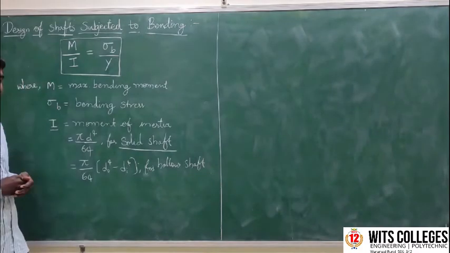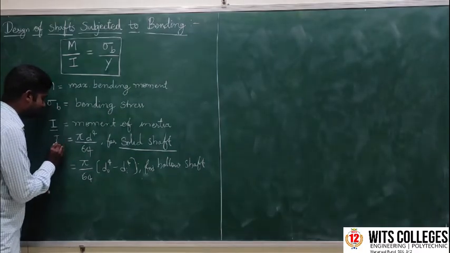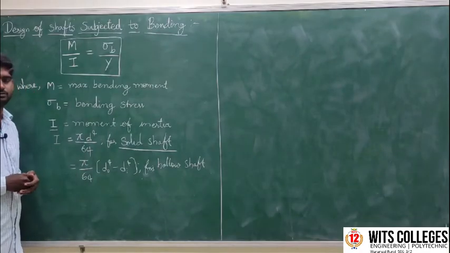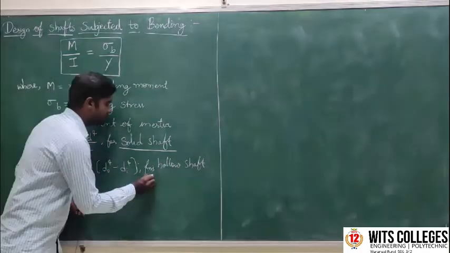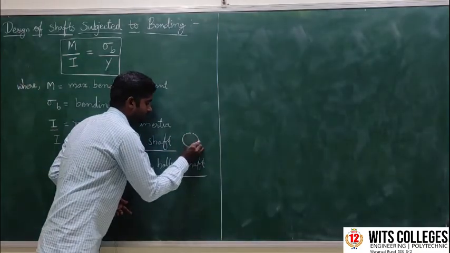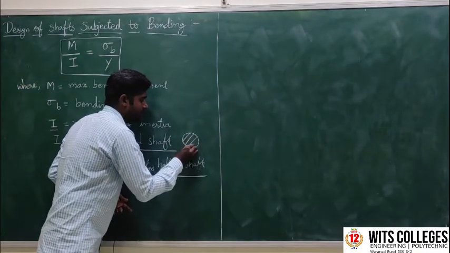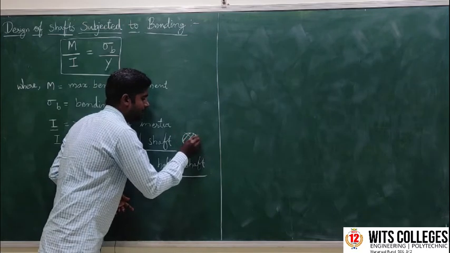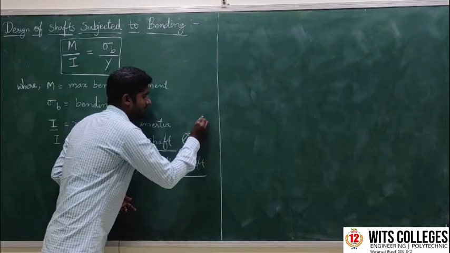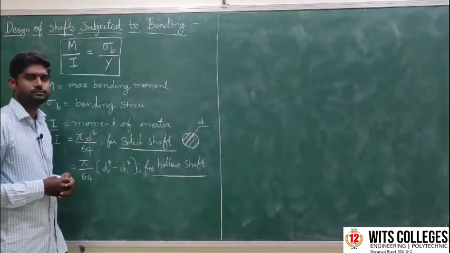For a solid shaft, I is equal to pi by 64 d power of 4. In a solid shaft there is only one diameter, that is d.